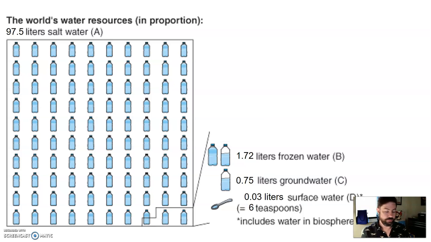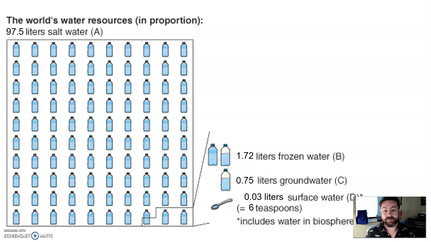So then that leaves us with 2.5. Let's see, leaves us with 2 and about a half bottles of fresh water, out of 100. So 1.72 of those bottles, so almost 2 of them, are frozen.